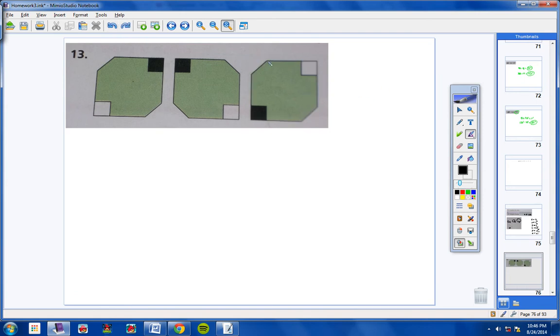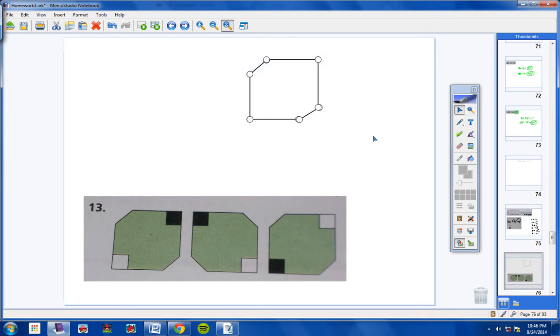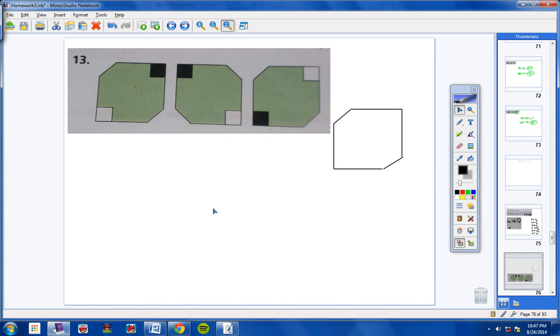Let me try it one more time. Okay, there we go. So the next figure will look like this. I apologize, students, for taking so long.